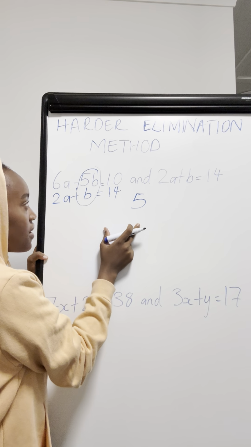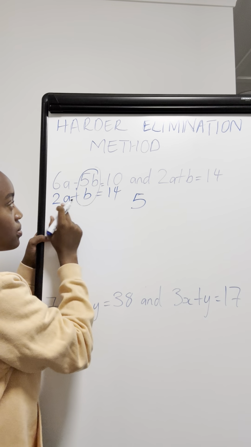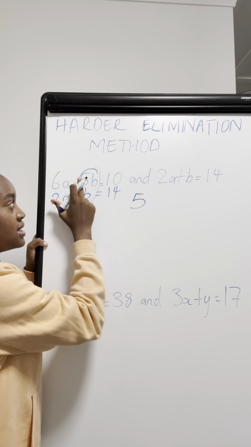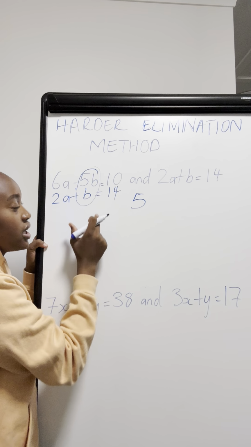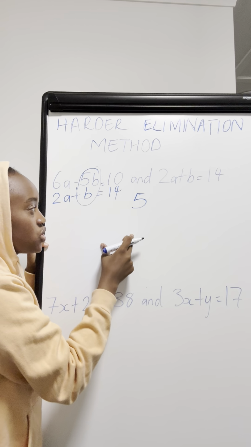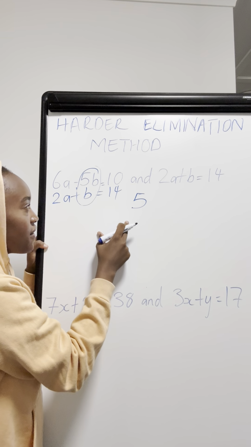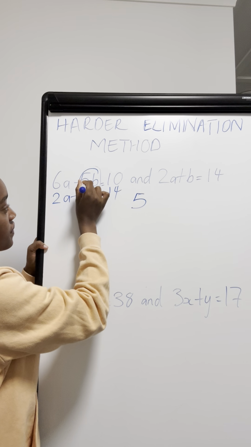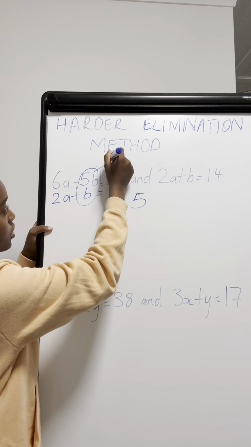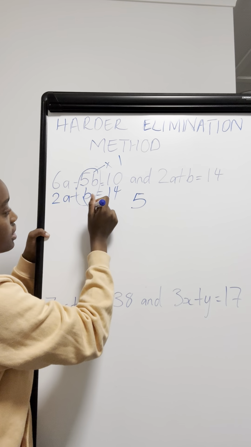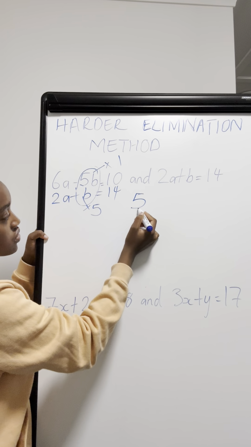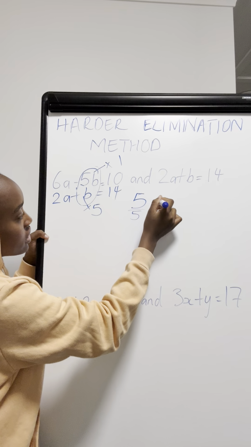So we use this 5 to multiply, the same number that this 5 and this 1 can both go into. So here we have 5. But here, for us to find 5, we multiply by 1. And this one we multiply by 5.